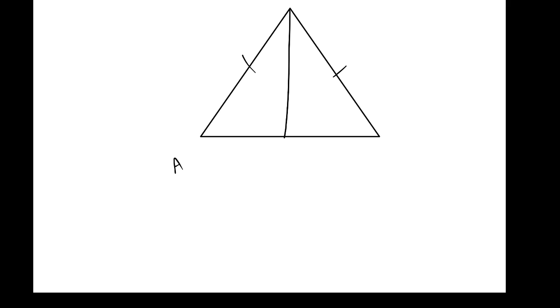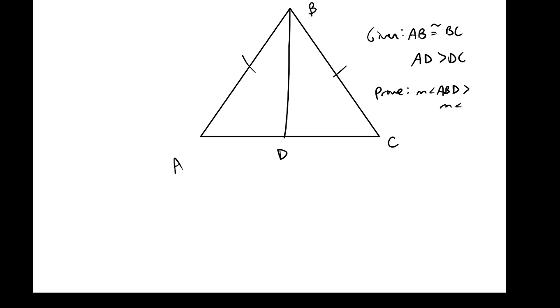And our triangle is ABC with this point D. And our given here is that we have two congruent lines, AB and BC, as well as another line here, AD, which is going to be bigger than BC. And what we want to prove here is that the measure of angle ABD is going to be bigger than the measure of angle CBD.